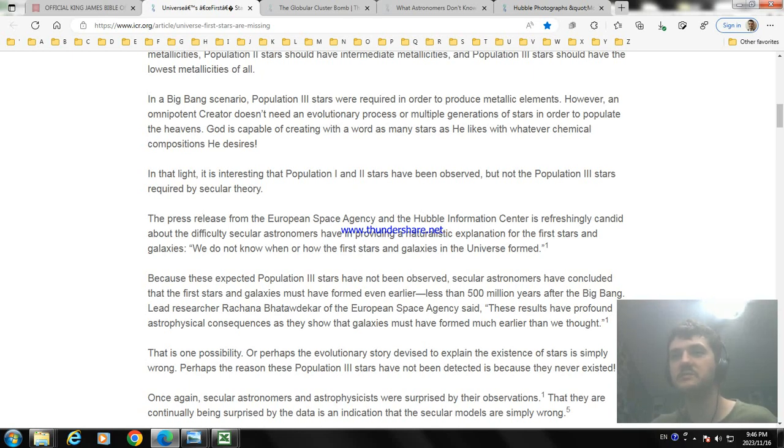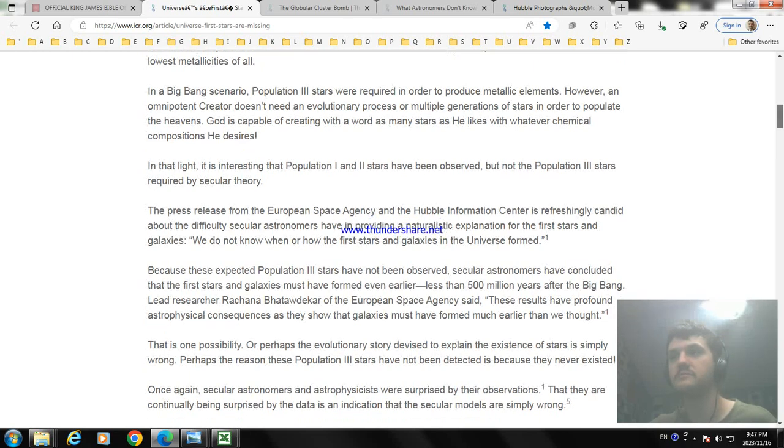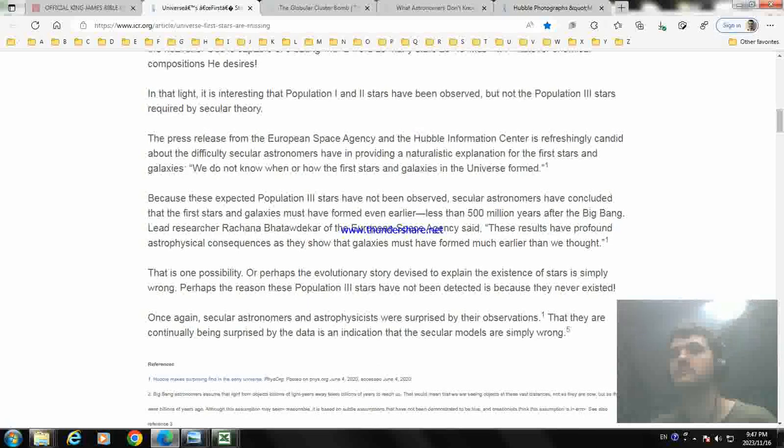Because these expected Population 3 stars have not been observed, these secular astronomers have concluded that the first stars and galaxies must have formed earlier, less than 500 million years after the Big Bang. A researcher of the European Space Agency said, these results have profound astronomical consequences, as they show that galaxies must have formed much earlier than we thought.